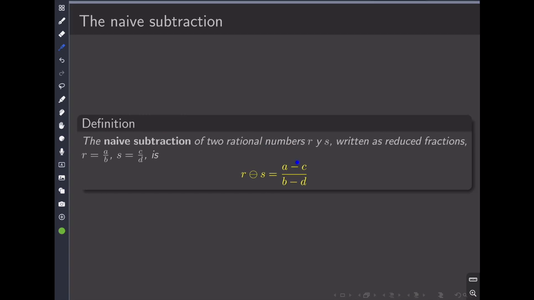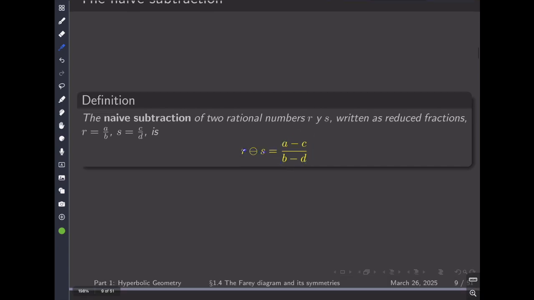Not only because I don't know whether these two are coprime, but also because this may be negative, or even 0. If b and d are equal, this could be 0, in which case I'm talking about infinity. Which is the case, for instance, if these two are consecutive integers, the naive subtraction is infinity.